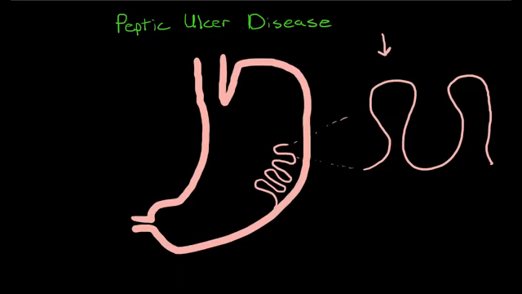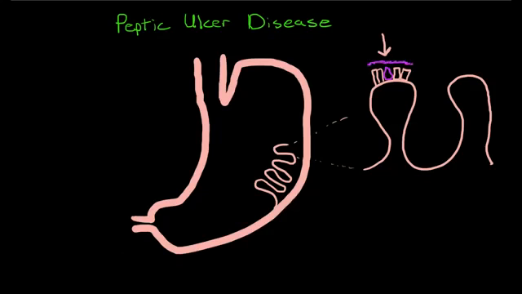Now, on the surface here, we have a columnar epithelium, and the columnar epithelium is interspersed with what are called foveolar cells. The foveolar cells are very similar to the goblet cells in the intestines, and their major role, as you might expect, is to produce mucus that lines the stomach.